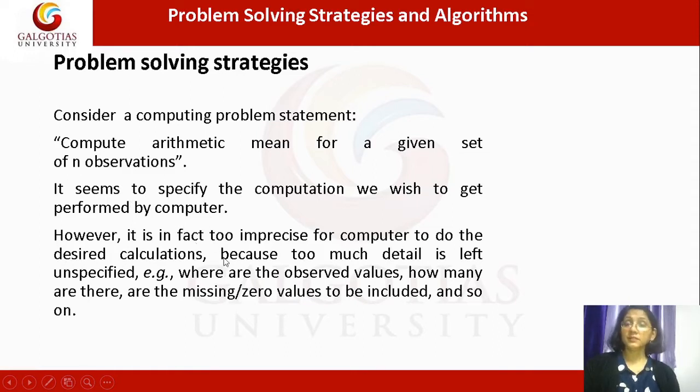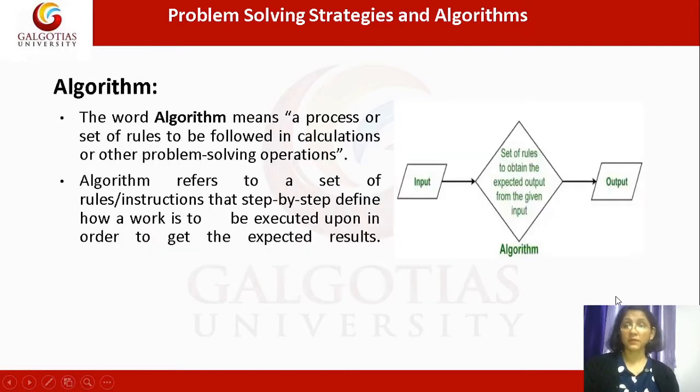However, it is in fact too imprecise for the computer to do the desired calculations because a lot of things are not specified here. For example, what are the observed values? How many are there? Are missing or zero values to be included? What are the types of values that we are going to use for computing the arithmetic mean? And so on.